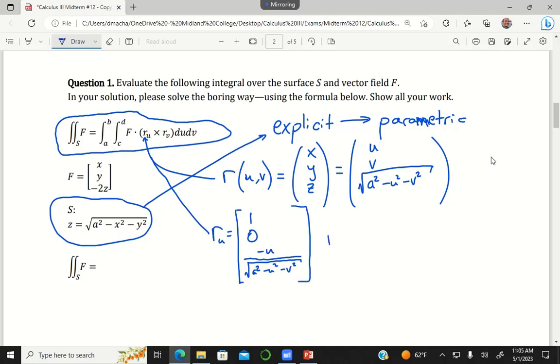Okay. And then when you take the partial with respect to v, of course this vector is going to be 0, 1, and then negative v over the square root of a squared minus u squared minus v squared.